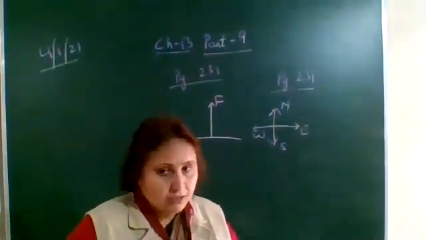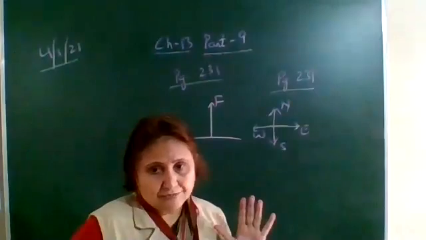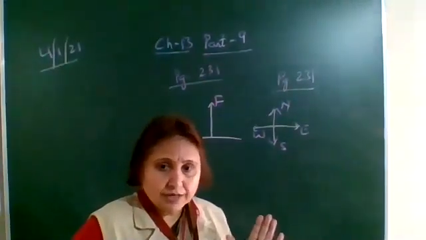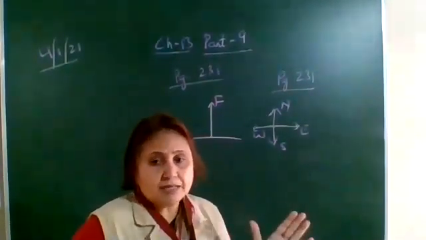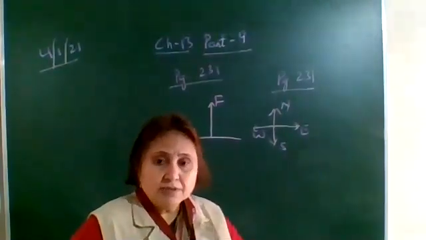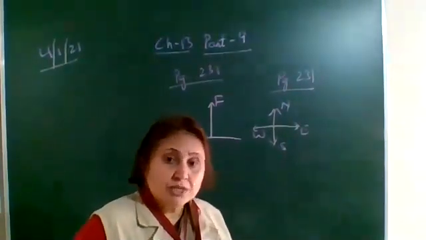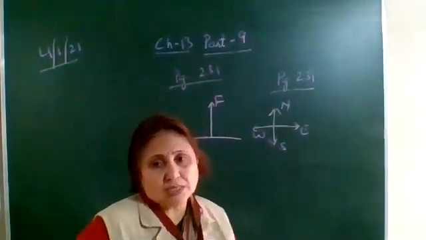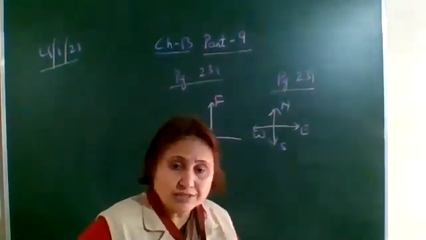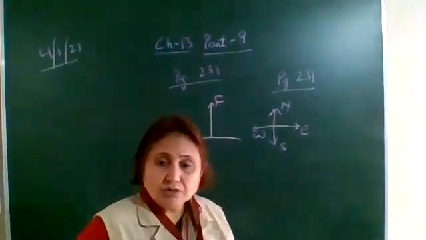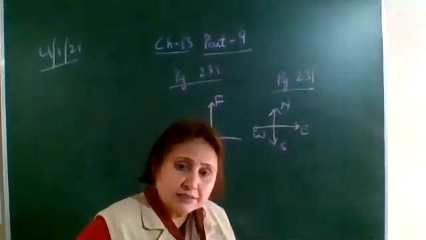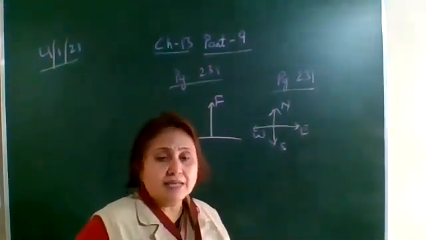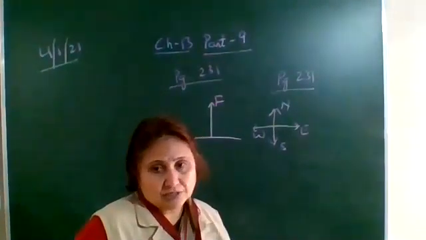Due to the current, there is some magnetic field, we have already studied. Now due to the moving magnetic field, some current can be produced. Such a current which is produced, we call it induced current. Some current is induced in that conductor. So we call it induced current, and this phenomenon is called electromagnetic induction.